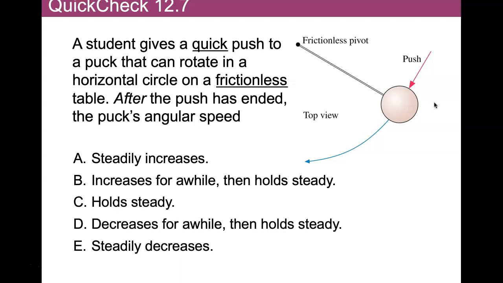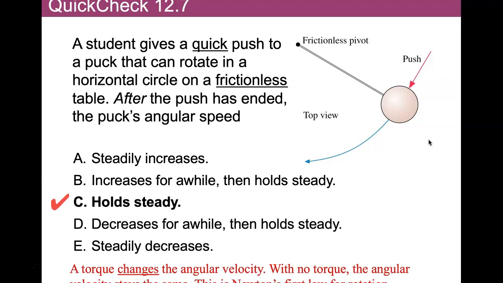So the only in-plane force on this two-dimensional surface is the tension, and that gives us 0 torque. So the angular acceleration of the object must be 0, and that means its angular velocity cannot change. Okay.